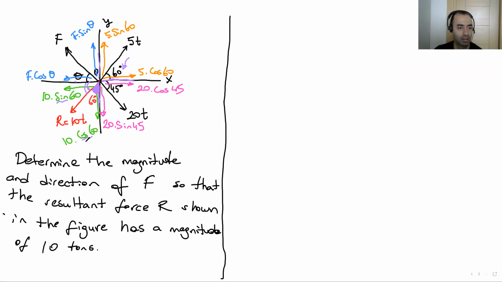Okay, the rule is the same. Let's write the equations here for the x direction. What do we have in the x direction? In positive direction, we have 5 cosine 60, and these are in positive direction, plus 20 times cosine 45.